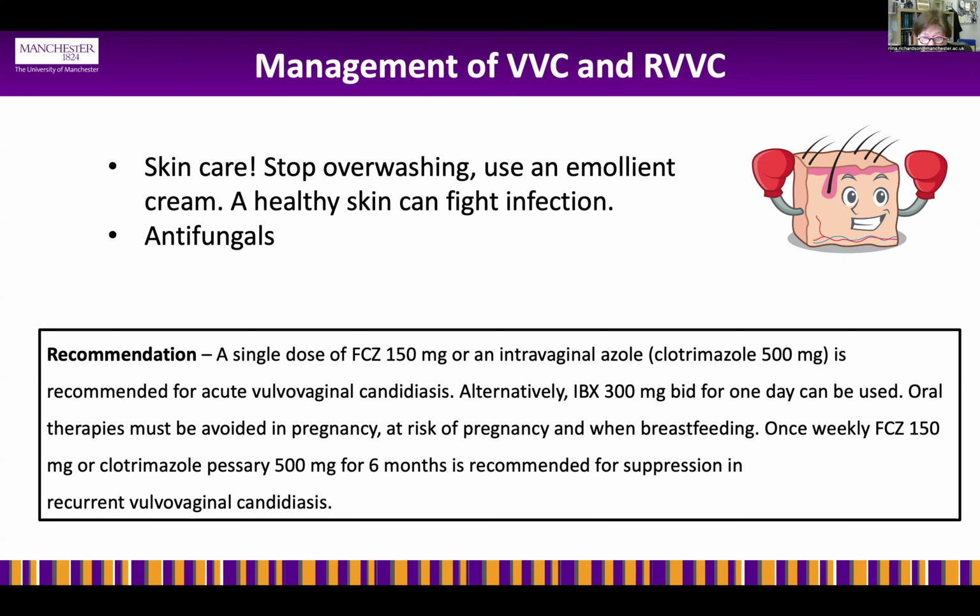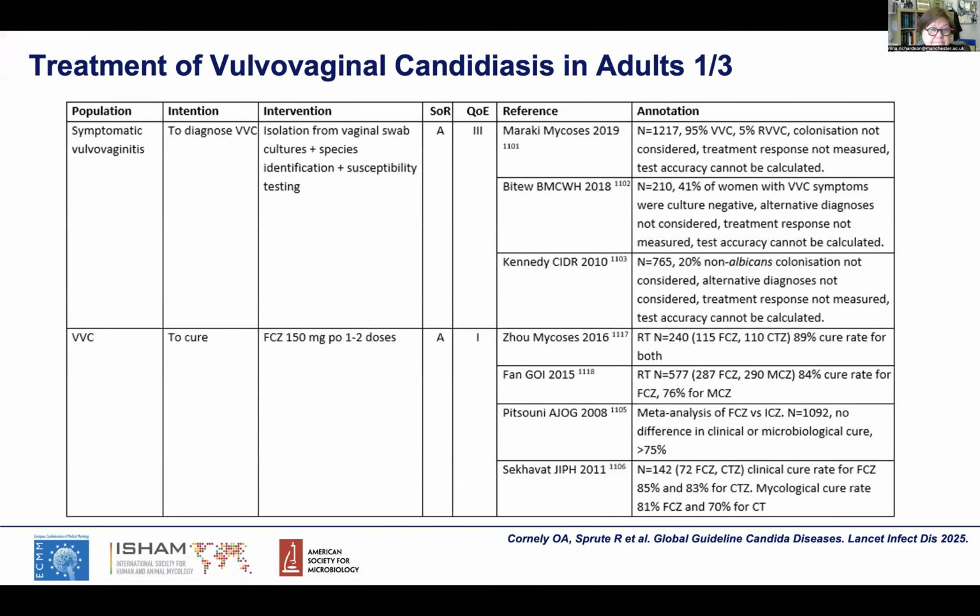Ibrexafungerp has been shown to be very effective, particularly in case of fluconazole-resistant infections, but again can't be used in pregnancy or risk of pregnancy. For the recurrent disease, a once weekly protocol for 6 months, either with fluconazole or clotrimazole pessary, is very effective, and it's been shown to be safe, and doesn't need any monitoring for liver function or anything.